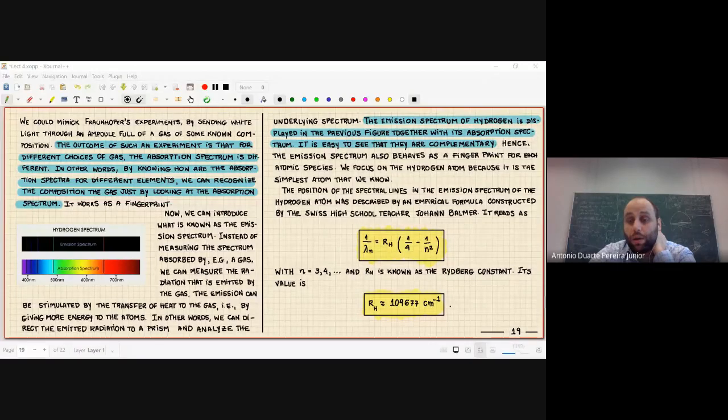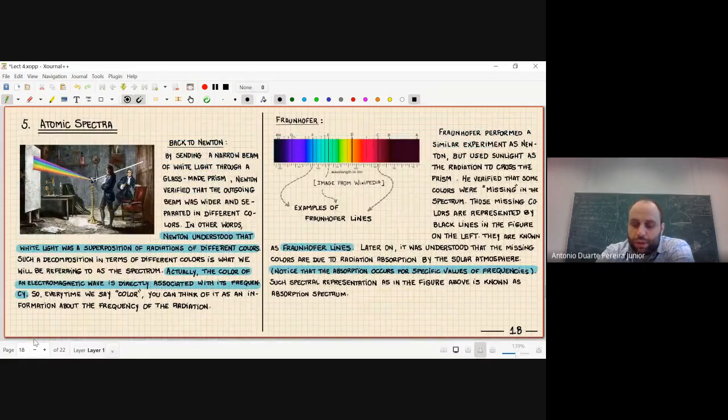Now, if you perform the same experiment with this gas inside some tube of glass, and pass the outgoing light ray through a prism, what you're going to see is that the profile is exactly similar to what Fraunhofer saw. But it doesn't mean that you're going to see the same dark spots at the same values of wavelengths.